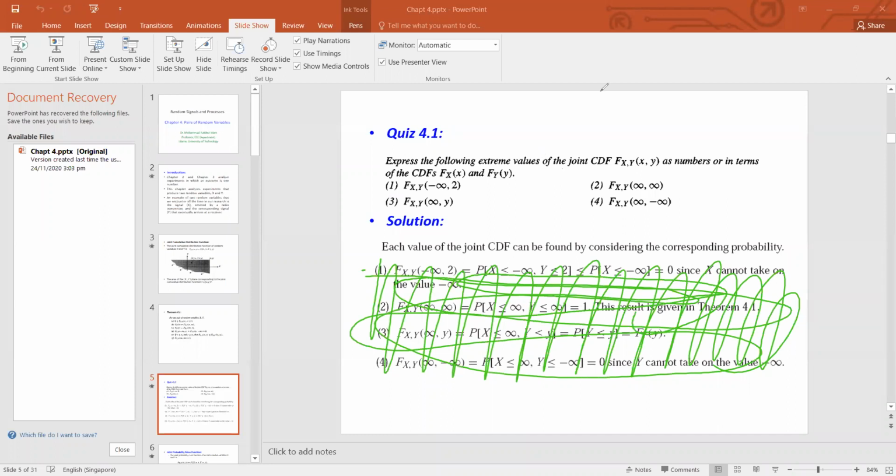Let's see this one only. F(x, y) with minus infinity and 0, tell me what is the value? Sir, F of y at 2. At y equals to 2. Yes, so that equals 1.